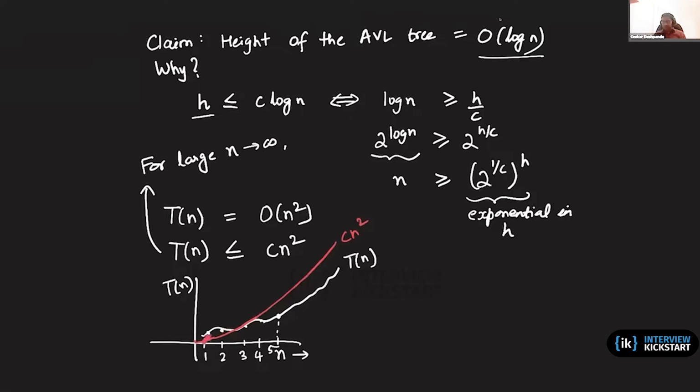And for small values of n, note that this property need not hold. Just like insertion sort can be quite fast for small values of n, even though it's n square, it can run faster than merge sort.